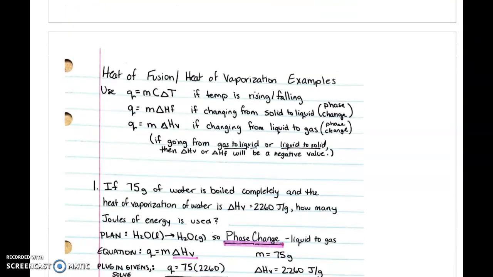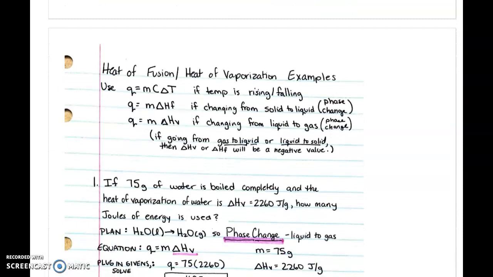Next page. So here are 3 easy summary statements for you. We use Q equals MC change in temperature if the temperature is rising or falling, then we are dealing with just one phase.